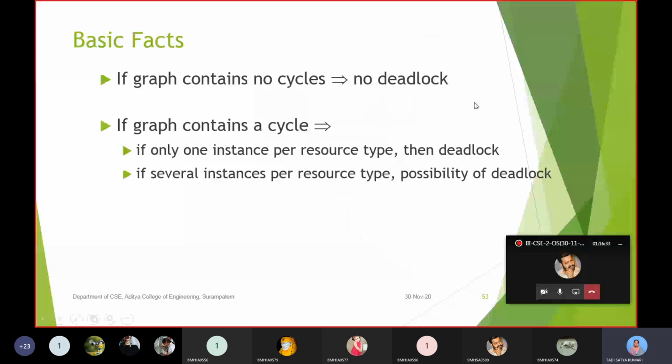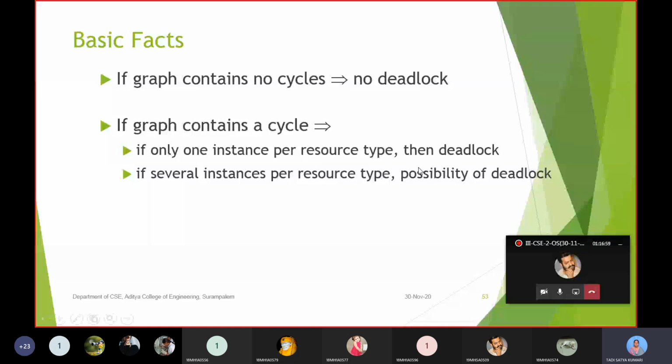Next, some important points related to this resource allocation graph. If the graph contains no cycles, no deadlock. So if there are no cycles in the graph, we can conclude that there is no chance of occurrence of deadlock. Okay. And if the graph contains a cycle, but only one instance per resource type, then deadlock.